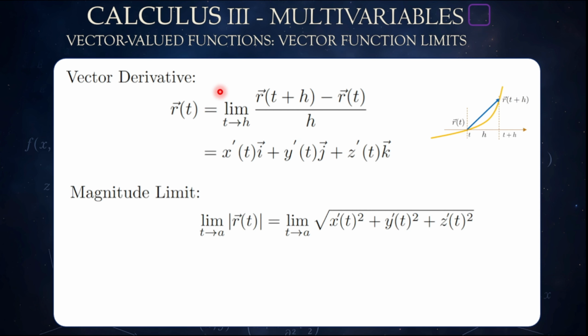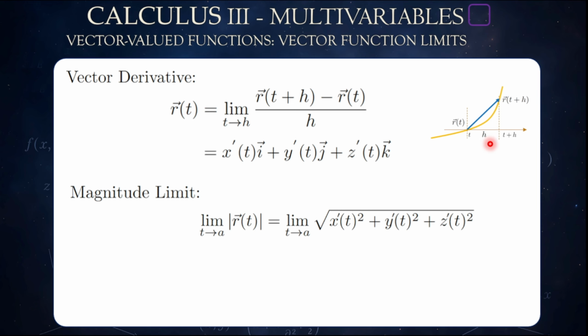Vector derivative of a curve. As a recap, what is a derivative? The derivative of a curve at a specific point is the slope of the curve at that point, which is rise over run, or in other words, tan alpha. So let's say you have t and t plus h as two boundaries for this curve.